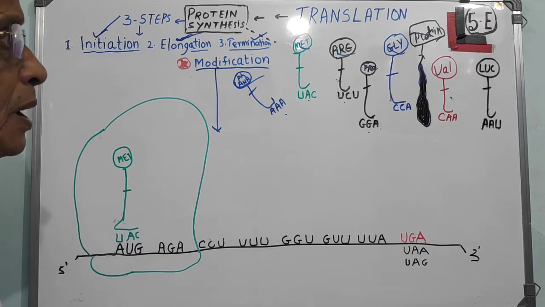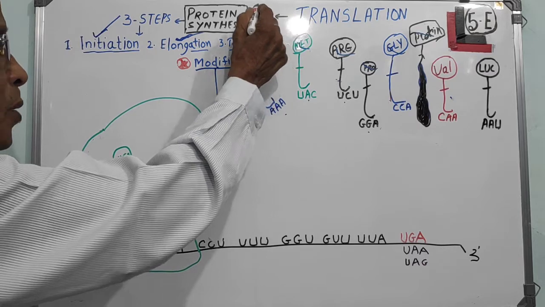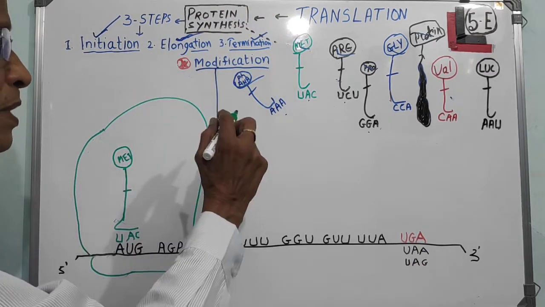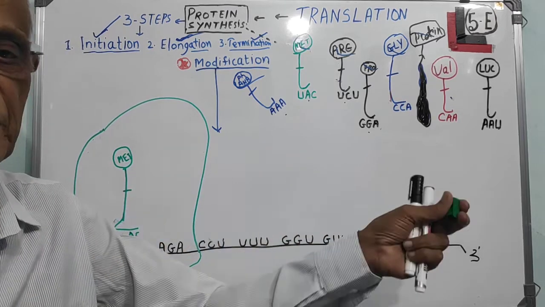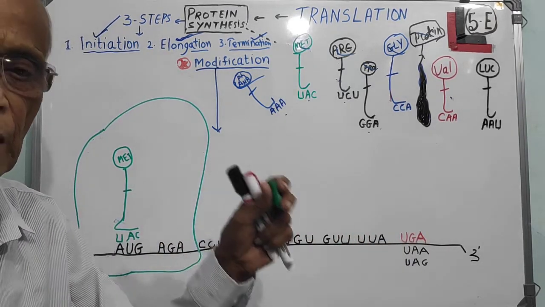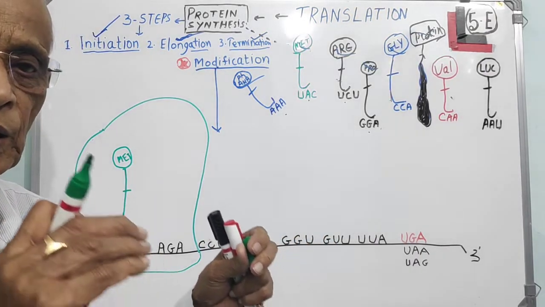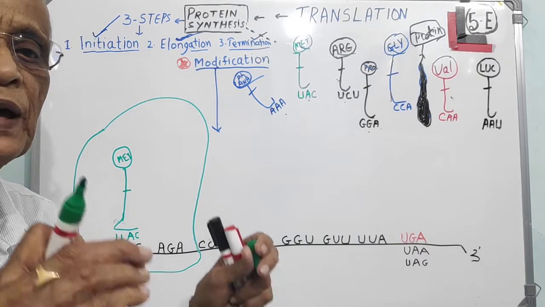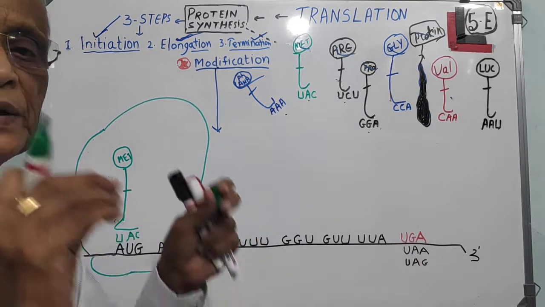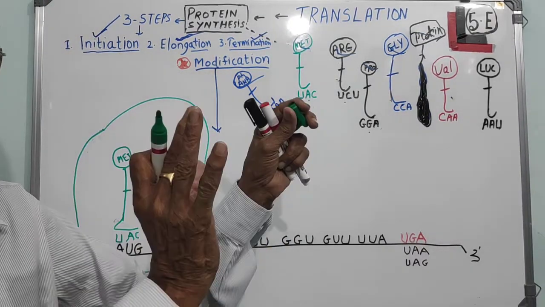Just to recap, we said translation is a process where protein is synthesized. Protein is made up of polypeptide chain. Polypeptide chain means a large number of amino acids joined together by means of peptide linkage, and that is called polypeptide chain. From polypeptide chain, we get amino acids.